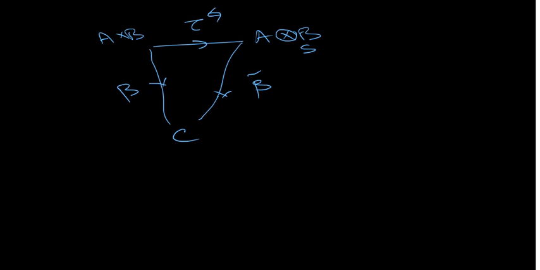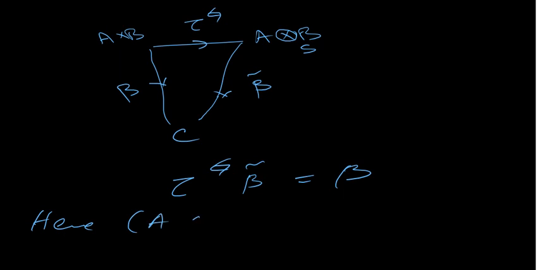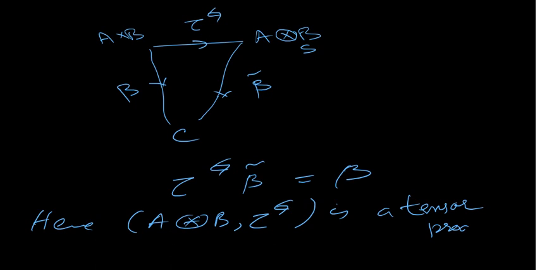You can easily verify that tau natural followed by beta tilde is equal to beta. So that proves that this pair, A tensor B with tau natural, is a tensor product. That proves this theorem completely.